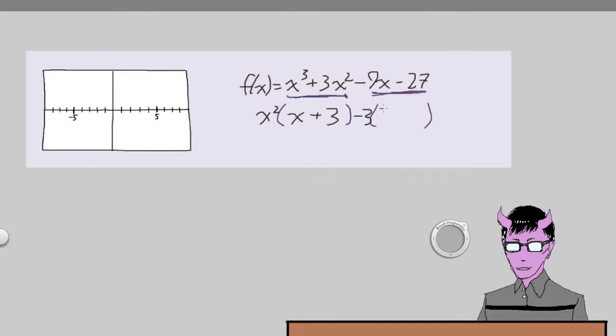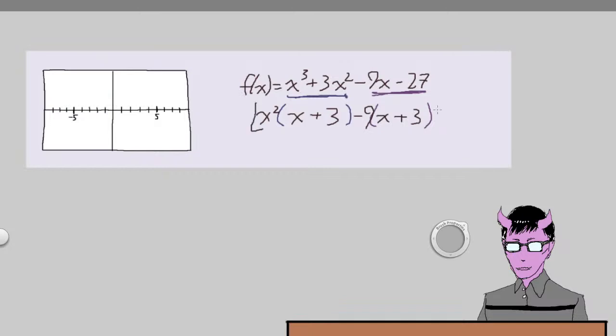Oh, I'm sorry, we could go a little farther. We could factor out negative 9 from those two terms, thereby bringing negative 9 here. So we have a remainder of x inside the parenthetical, and then this one divided by negative 9 is positive 3. So that looks nice.